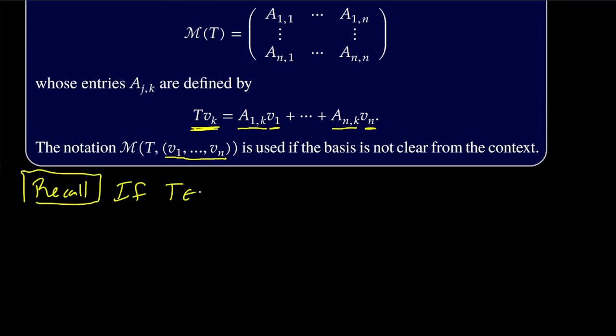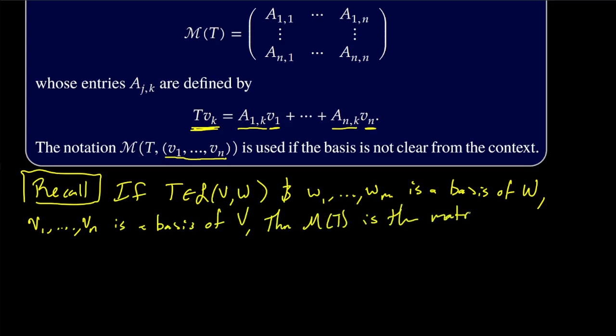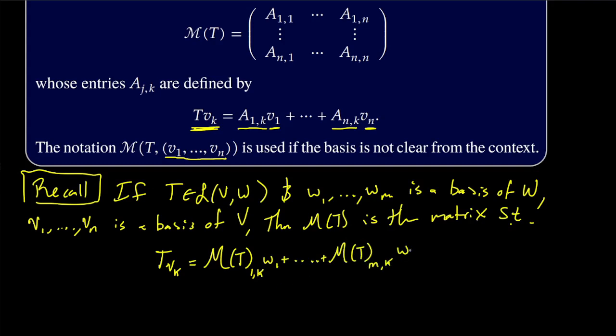if T is in L(V, W) and W1 through Wm is a basis of W, V1 through Vn is a basis of V, then MT is the matrix such that T of Vk is equal to MT_1k W1 plus ... all the way down through MT_mk Wm.